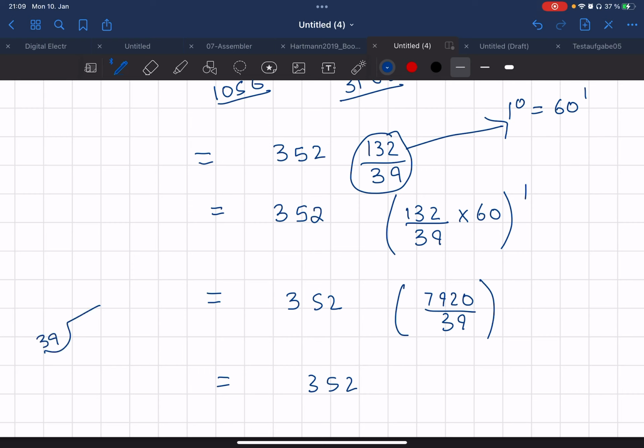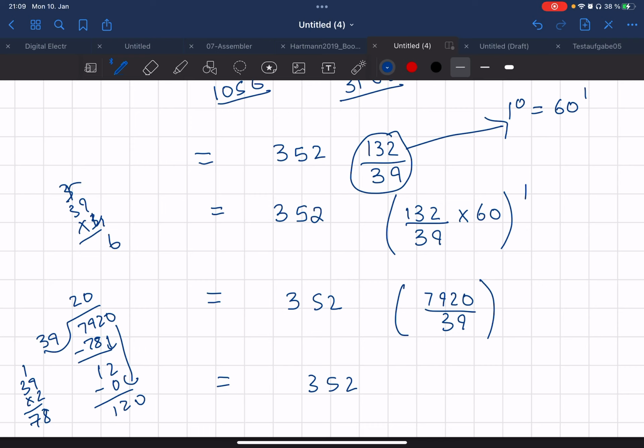So 352 into 7920. 352 twos are 704, 2 nines are 18... No, no, no, no. 352 times 2 is 704, and the remainder is 880. 352 times 2 is 704, leaving 176.